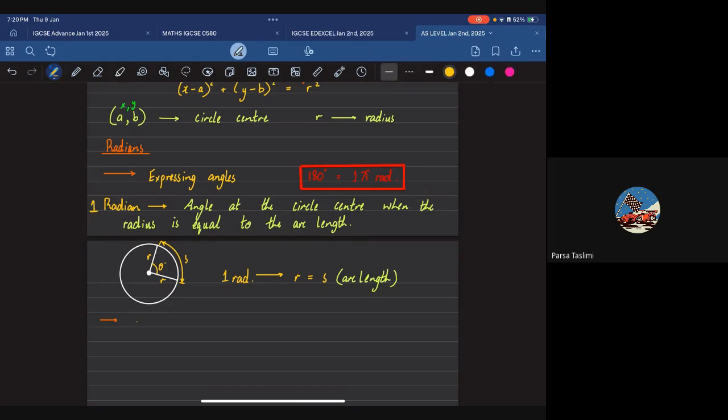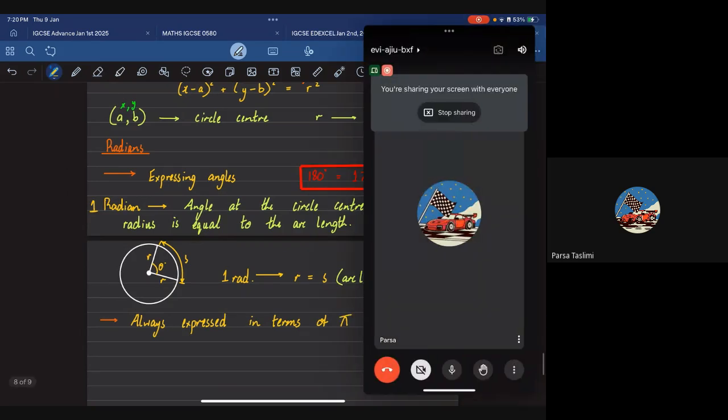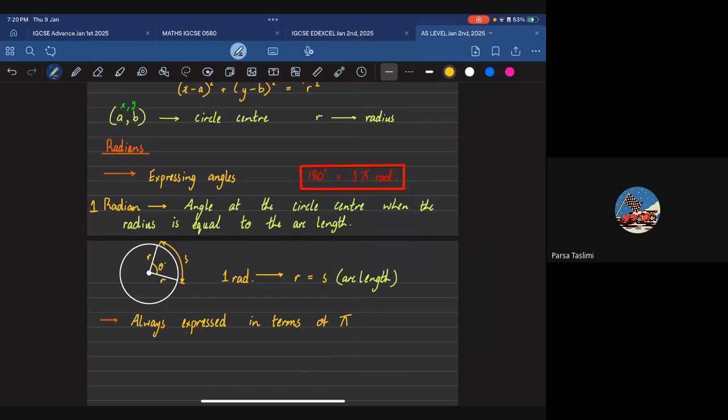So radians are always expressed in terms of pi, and the reason for that, roughly, is that anything circular is going to have an influence of pi.